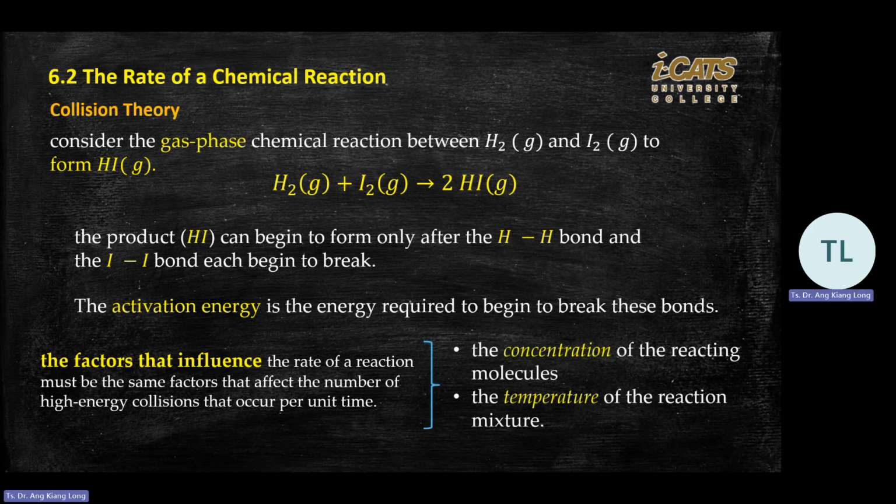Okay. This is important. What will influence the rate of reaction? There are two: the concentration of the molecule, which is the concentration that you learned in the previous chapter, where you use a bracket, in mole per liter or something like that.